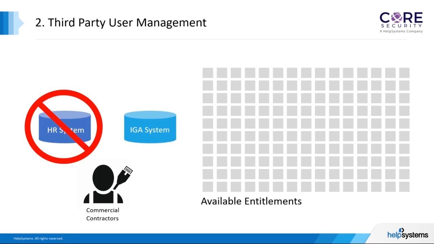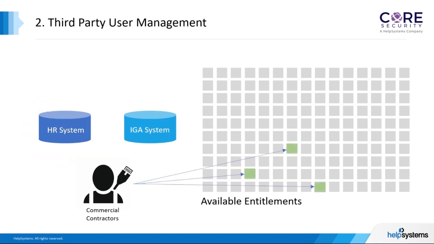And then however the IT department starts granting these entitlements, these contractors are given access to a series of entitlements that they need to perform whatever duties they're doing for the company. But this is something that's invisible to both the HR system and the IGA system itself.